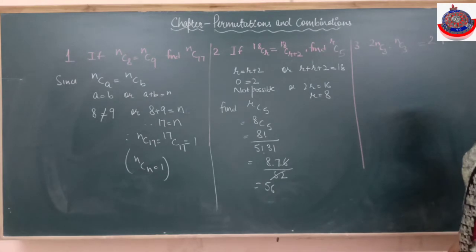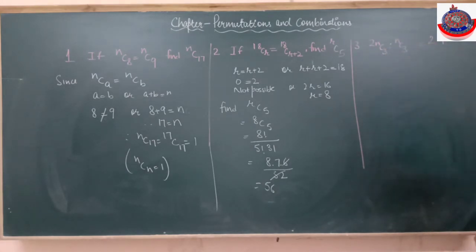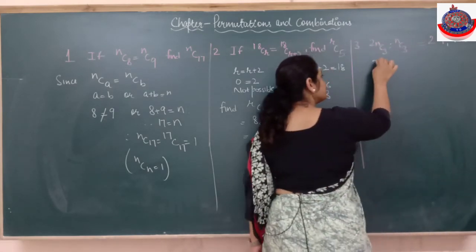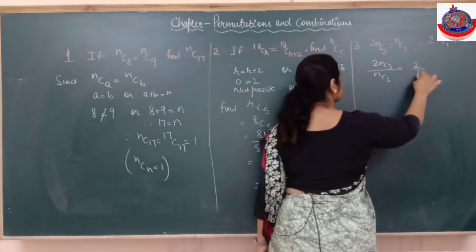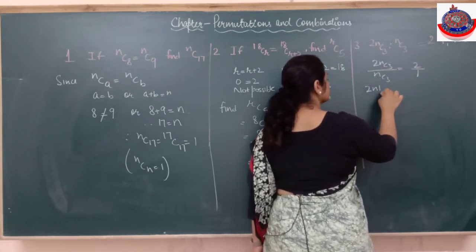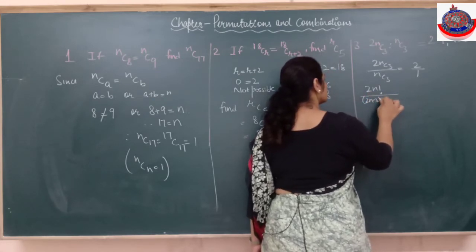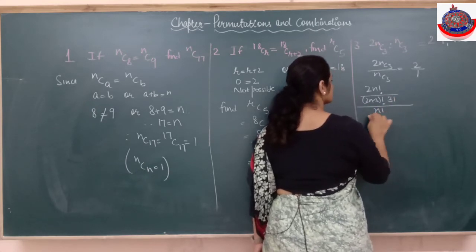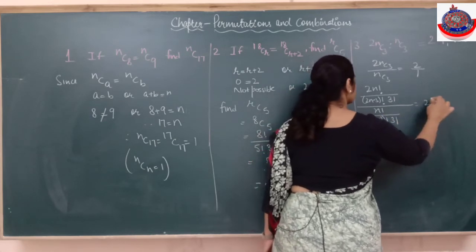Now 2nC3 to nC3 is equal to 12:1. Find n. Now as such I don't have a formula, so I'll just operate it directly. Open it.